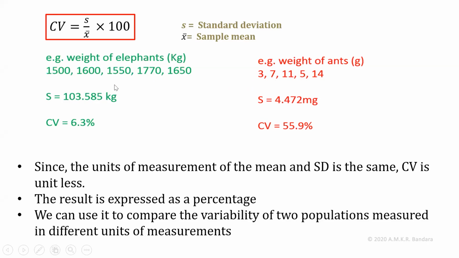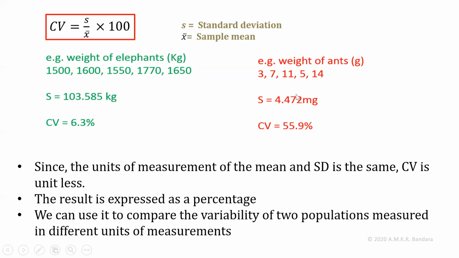When we calculate the standard deviation of this sample of elephants, it is equal to 103 kilograms. The standard deviation of the ant sample is 4.47 milligrams. So if we compare the variability of these two populations, you will say higher variability has occurred in the elephant population because it is 103.5 kilograms.